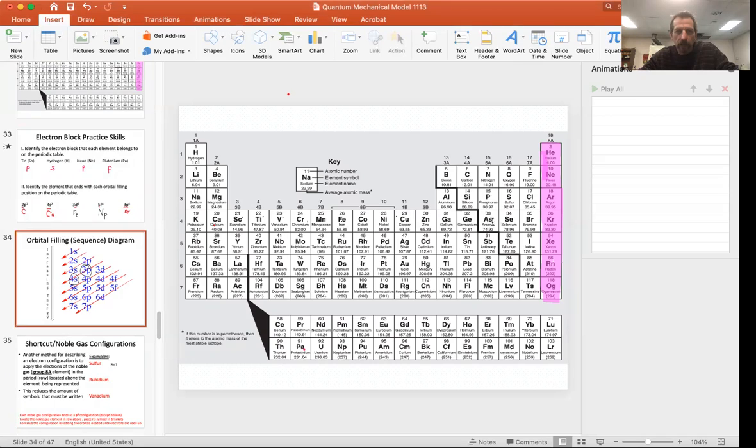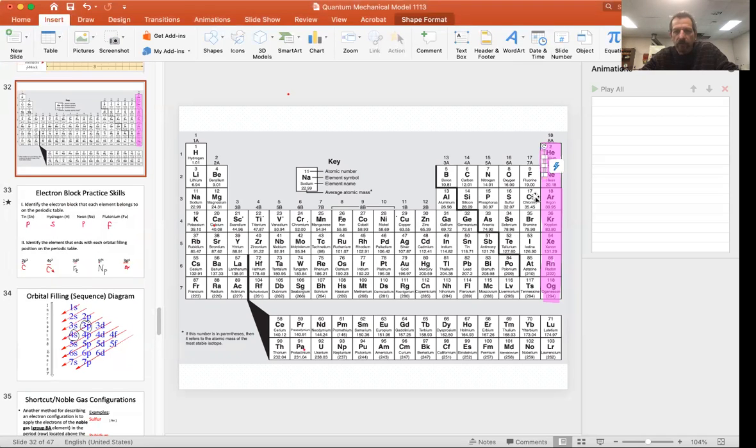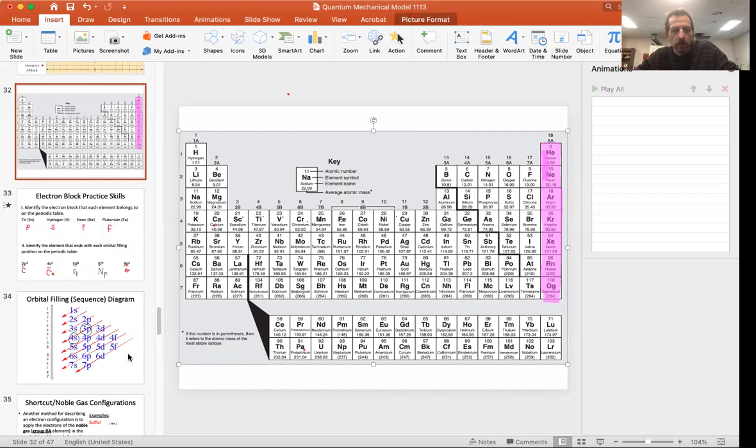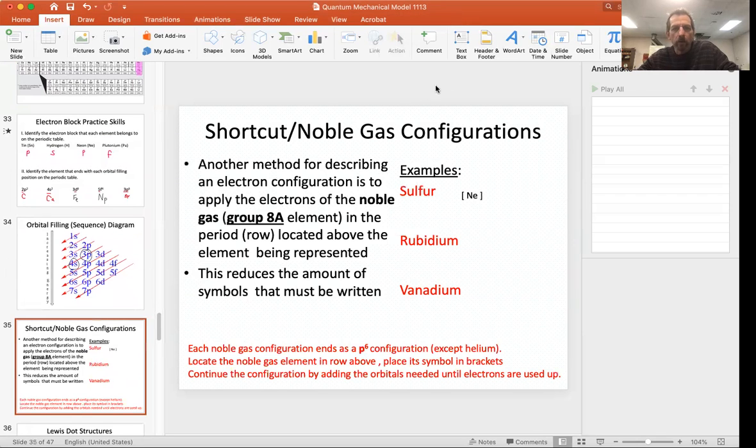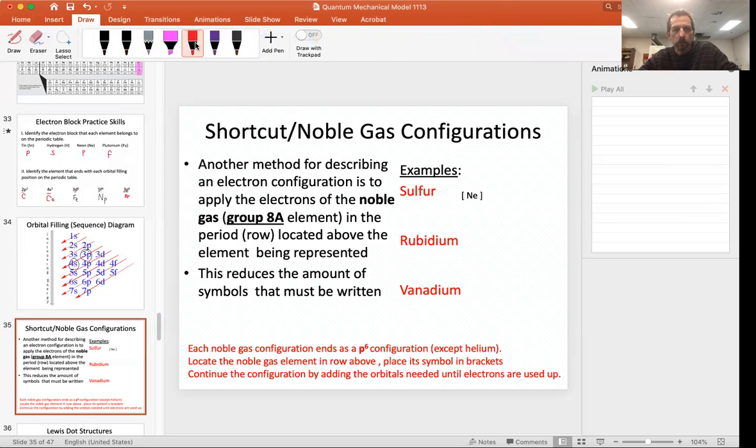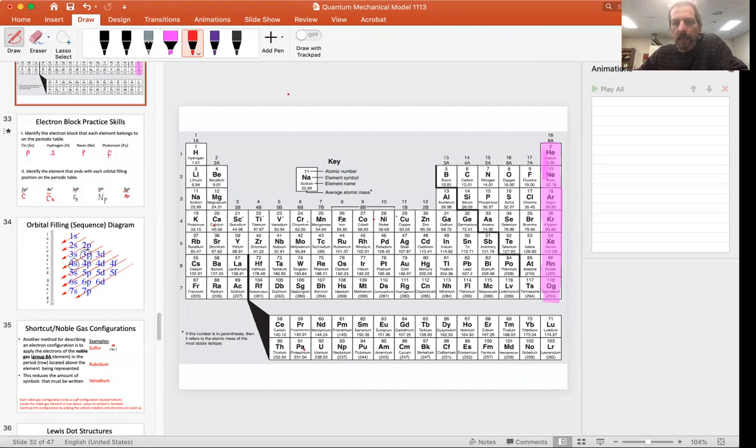Neon has 10 electrons, atomic number 10 on the periodic table. So we've already accounted for 10 of the electrons for sulfur. What we add is the unique parts that make this sulfur and not neon. For that, we have to understand where neon ends.